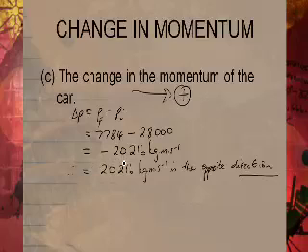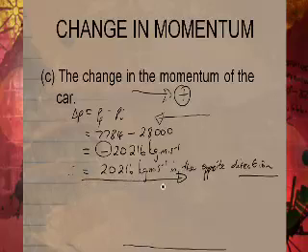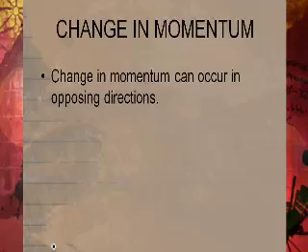Now, if we calculate for momentum and find it to be negative, it means momentum is acting in the opposite direction of that motion. So that's what that negative means there. We also need to know, like we have seen in this calculation, that change in momentum can occur in the opposite directions as well.